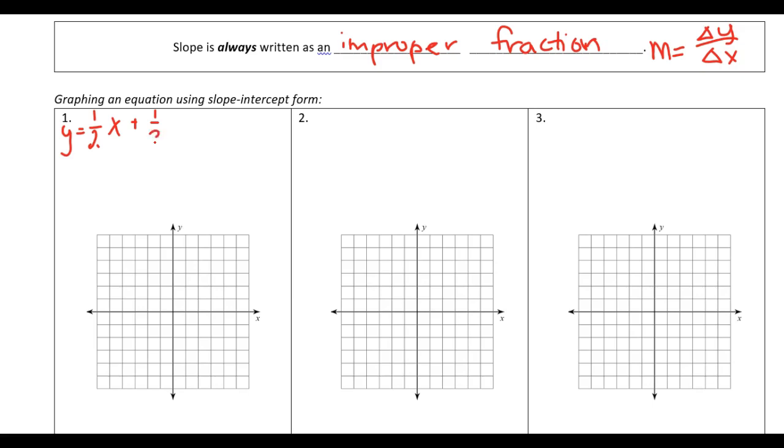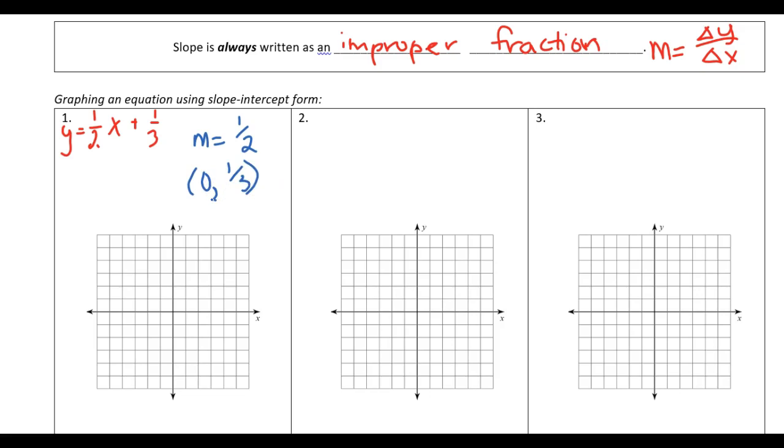Okay, so I'm going to get to graphing this function, and it's kind of ugly with the fractions, but we can graph this. Notice here, I'm going to write out to the side, my slope is 1/2, and my y-intercept is 0, 1/3.